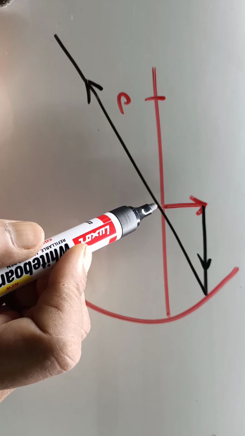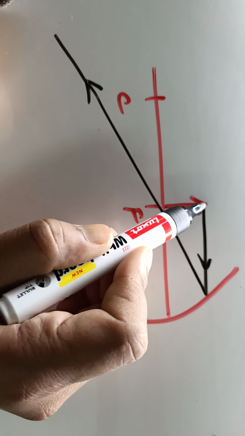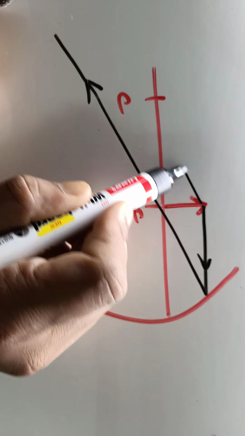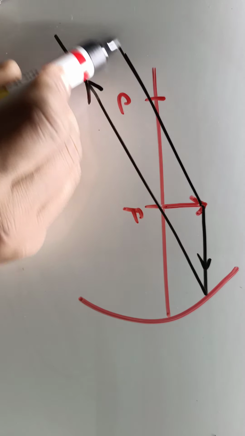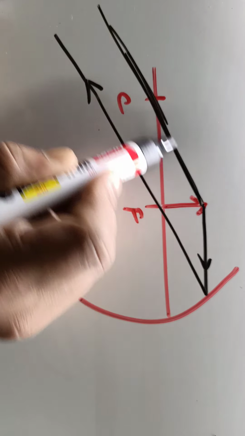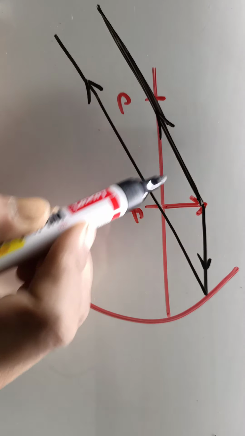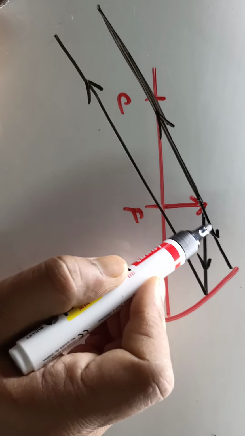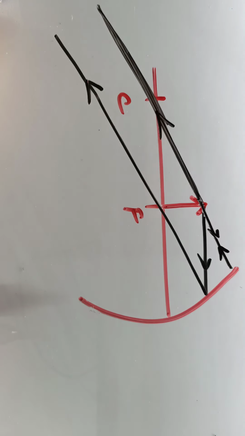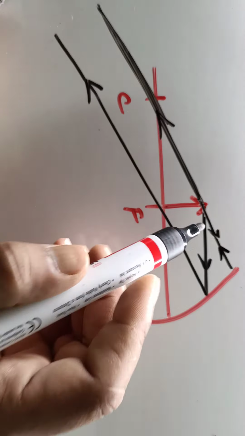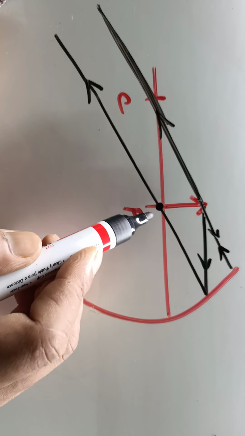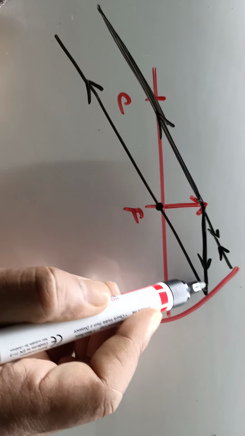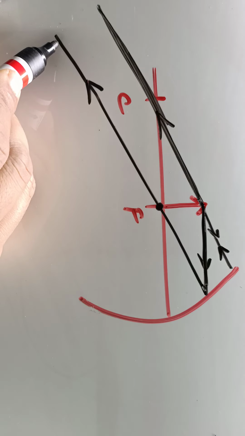So my only option left is, I should take a ray of light passing through what? Passing through the focus. So this is another ray of light. Now see, once again, if the object is kept at F, a ray of light travels parallel to the principal axis, passes through the focus.